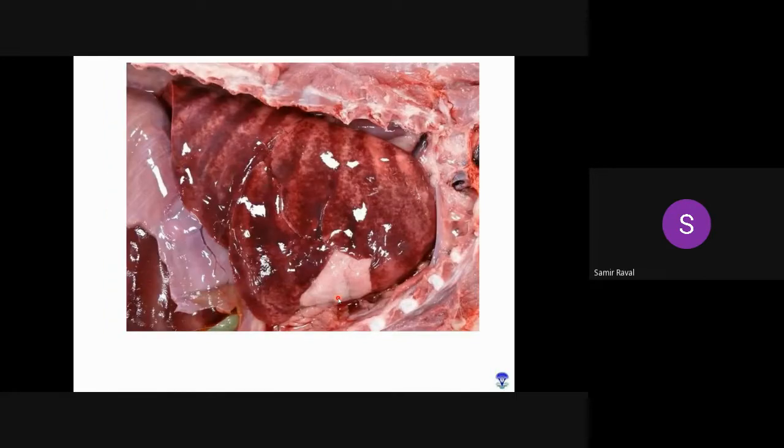Here in this case, interstitial pneumonia, sir. Excellent, right? So this is a case of interstitial pneumonia and the entire lung is involved. You will find this type of rib impressions. So it means they are showing edema, okay, as well as the entire lungs are not collapsed properly due to interstitial pneumonia.